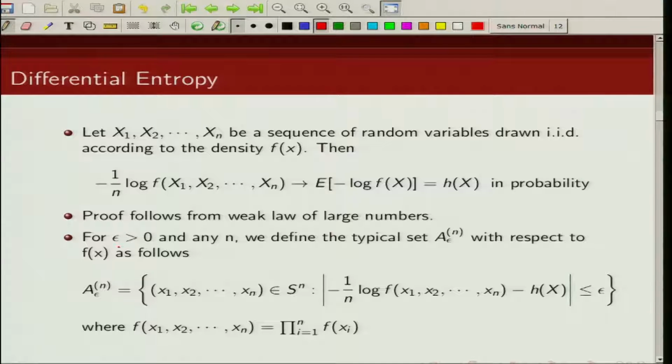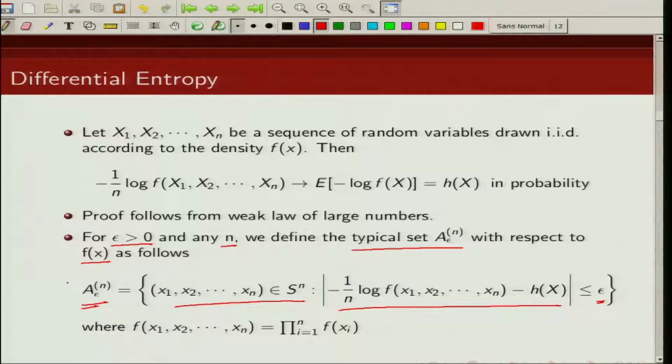Now for an epsilon greater than 0 and any n, we can define the typical set with respect to this density function as follows. The typical set is defined as the set of x1, x2, x3, ..., xn such that minus 1 by n log of f(x1, x2, ..., xn) is close to the true differential entropy, and the difference is within epsilon.